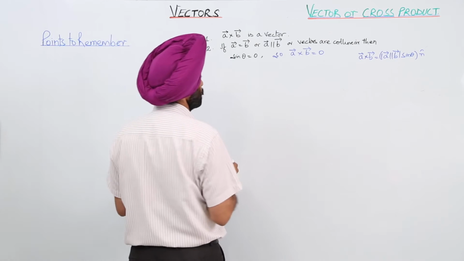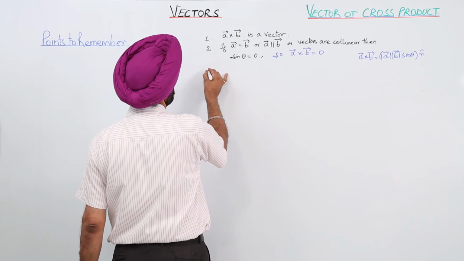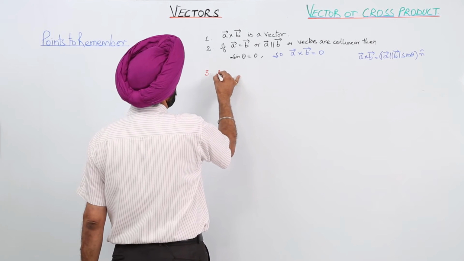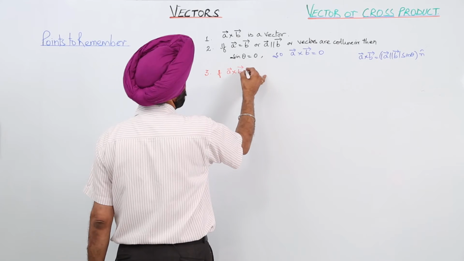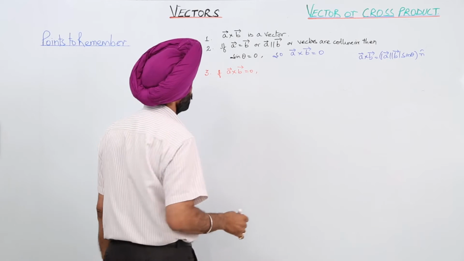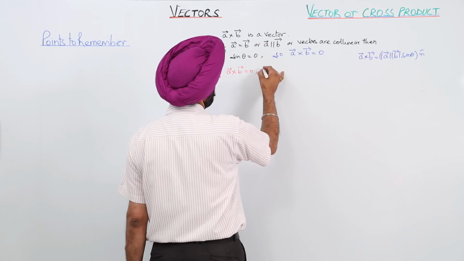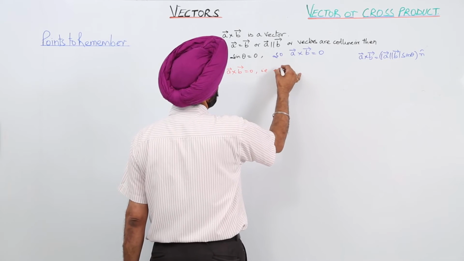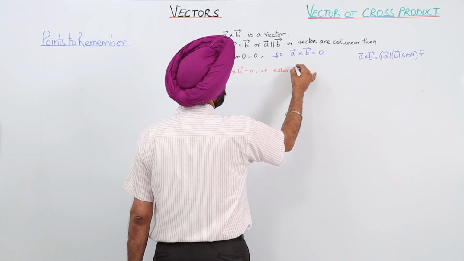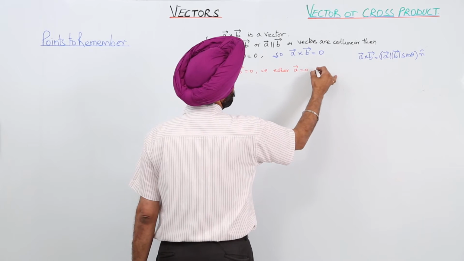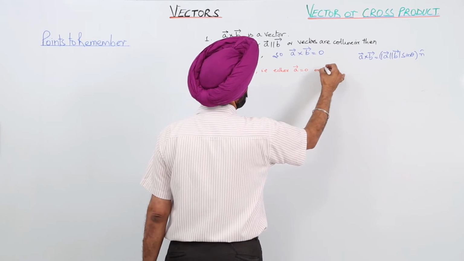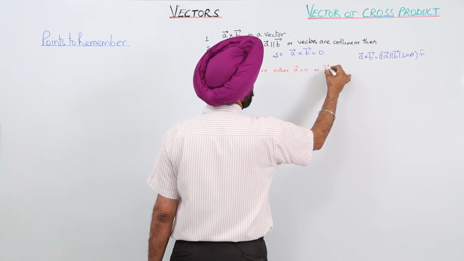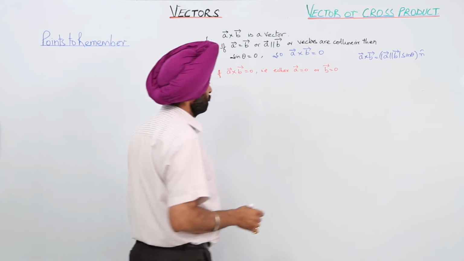Then point number 3: if vector A cross vector B is equal to 0, then we will be saying either vector A is equal to 0 or vector B is equal to 0.